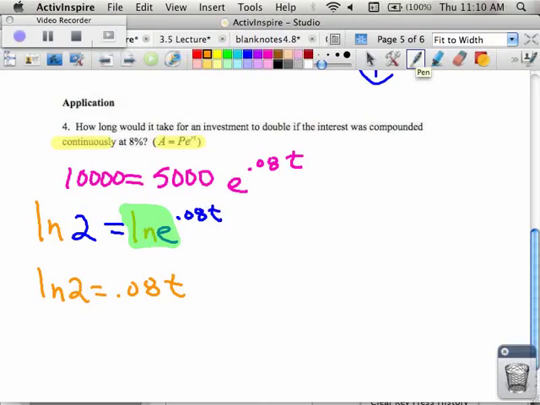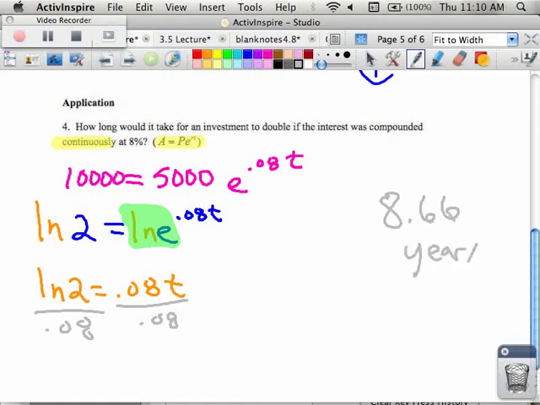I need to get how many years this is going to be, so I divide both sides by 0.08. And you should find out that it's roughly 8.66 years. So you can try that on your own later if you like.